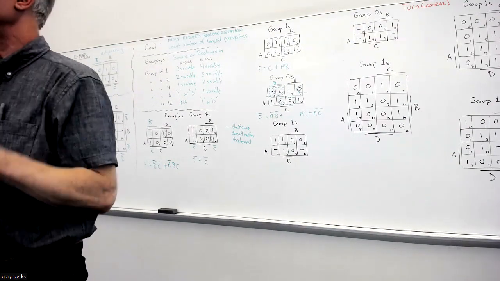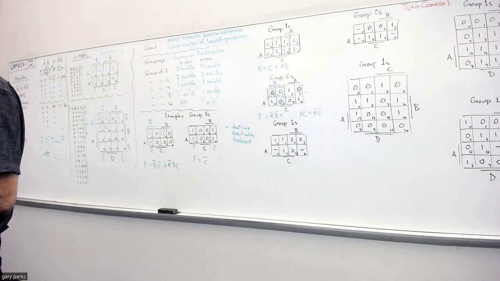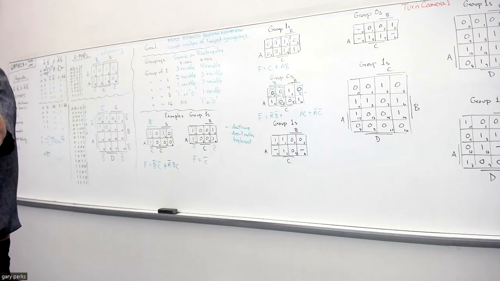You'll see a design later on in the quarter where you'll have the output of some digital device that we're not using. That's very common: you have a device that has multiple outputs and you don't use all of them. There's nothing that says you have to use all outputs of a device or a circuit. So if you're not using an output, it's a don't care. There's going to be a 0 or a 1 there, but you don't care because we're not using it.